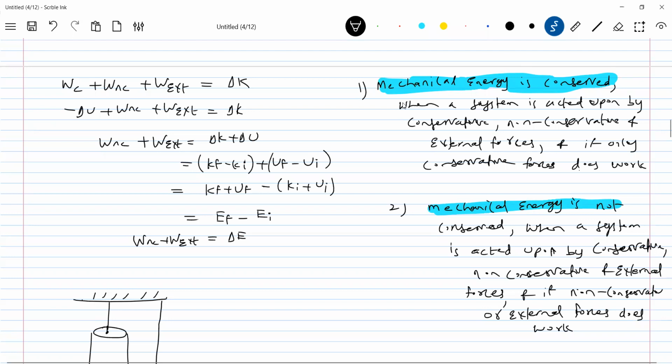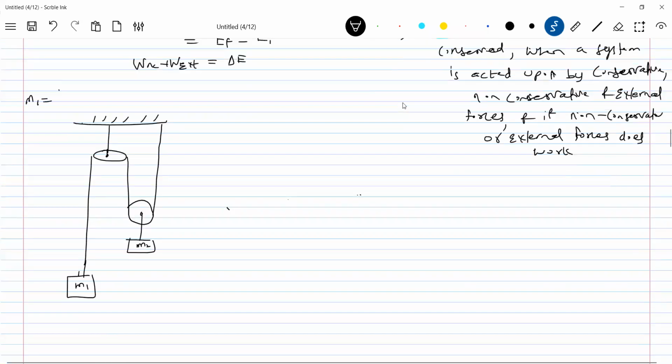Okay, this is a block of mass M1 equal to... so when block M1 descends by, say, 2 meter, I want to know what is the speed of the blocks. I'm starting with one very simple example.